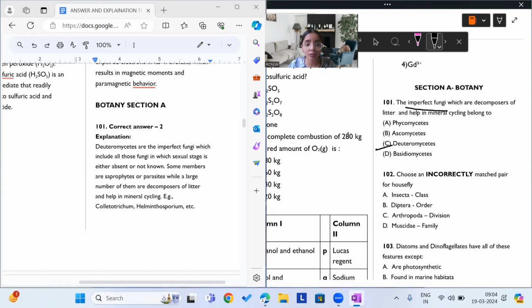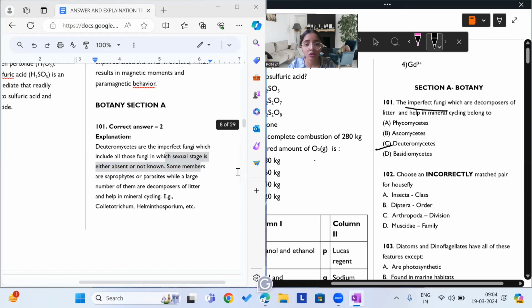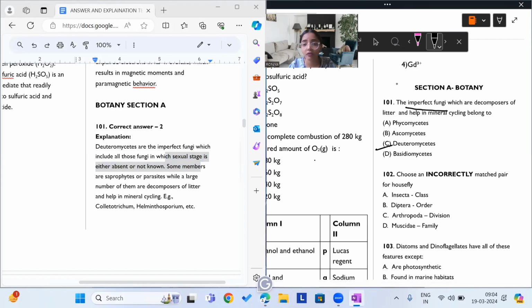Okay, and Deuteromycetes are called imperfect fungi because they do not have a sexual stage in them. Understood? I hope that is clear to all of you.